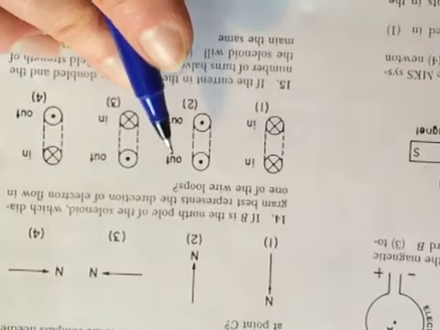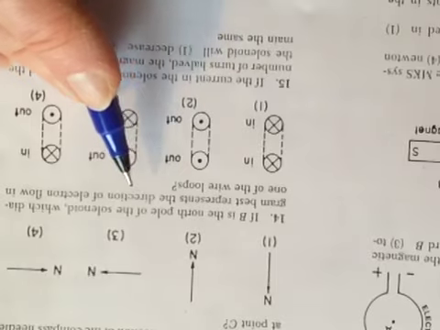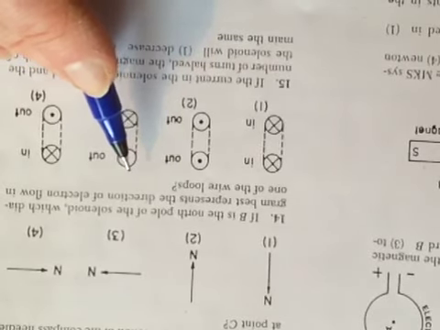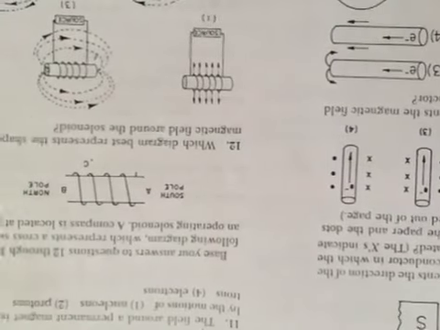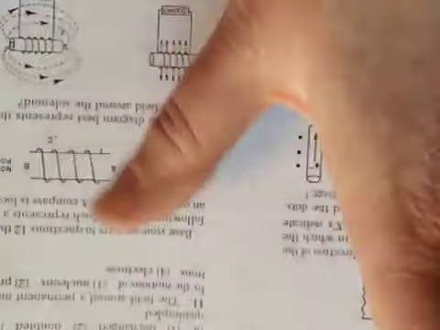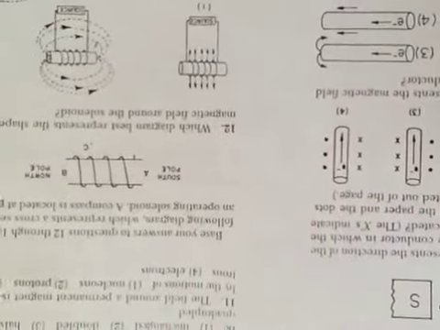Okay? Number 14, if B is the north pole of the solenoid, which diagram best represents the electron flow? So we go back up here. This has to be electron flow, so use your left hand. And your north has to be over here on this side, and so it's going to flow down going up in the front.